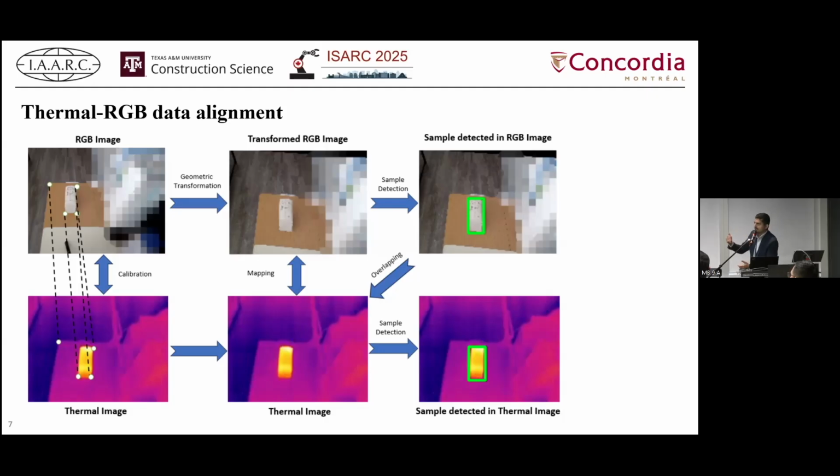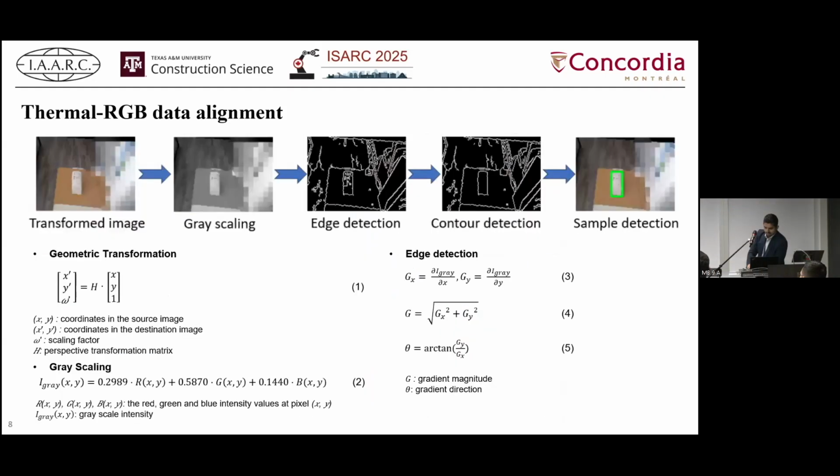RGB image processing and computer vision algorithms work very well with RGB data, but not so well with thermal images. So if we can overlap them, we can apply image processing on the RGB data and then map the corresponding temperature data on top. This is what we're able to do.